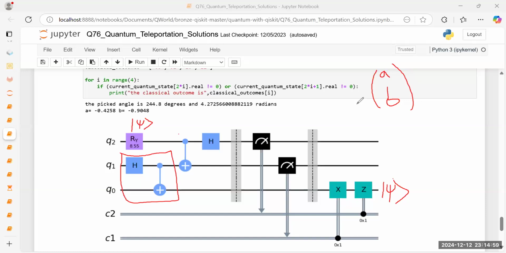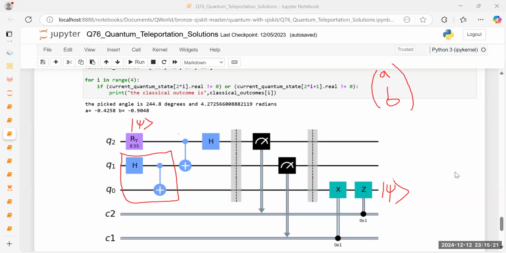But if she was to do this, she might end up with just an approximation of what the initial state was. But with the quantum teleportation protocol, she ends up sending the exact state that she had.